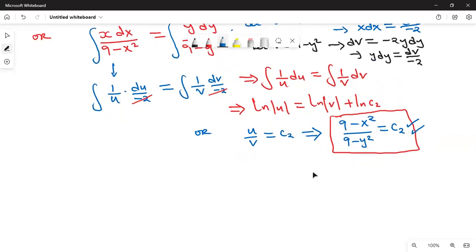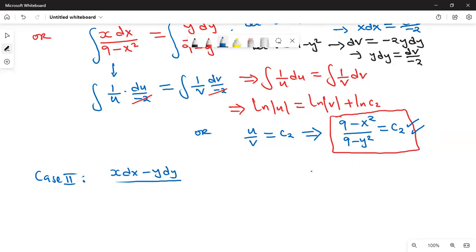Of course, you can find a third one. Check if you can be able to find a third one. It is possible. But I told you, once you have found the first two, then there's no need of finding another one. But you can just check that case 3. Try to use this x dx minus y dy.